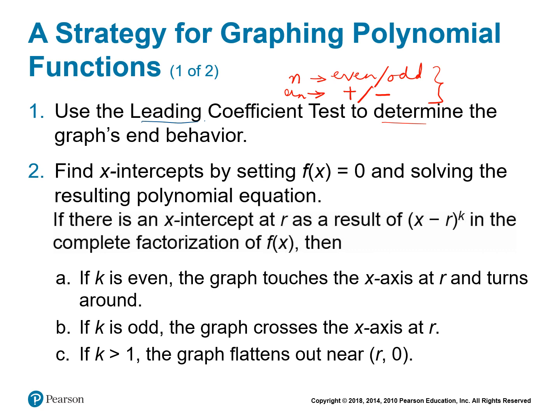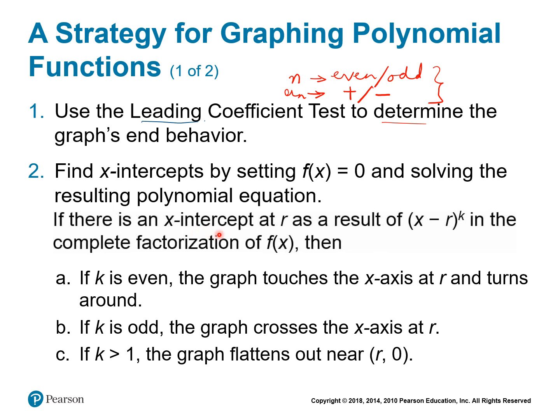Number 2 says find x-intercepts by setting f of x equal to 0. So in other words, we are trying to find the zeros of the polynomial, the x-intercepts where the graph will touch the x-axis. So find x-intercepts by setting f of x equal to 0 and solving the resulting polynomial equation.